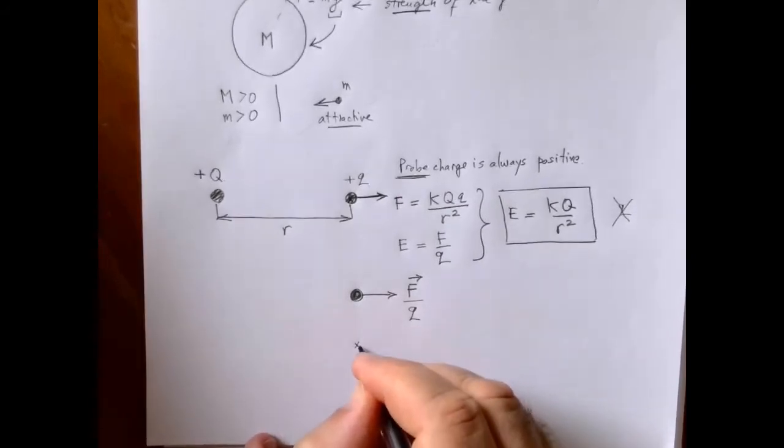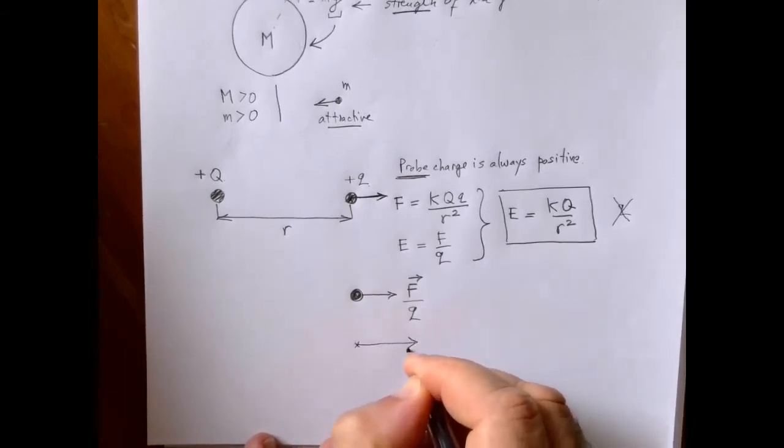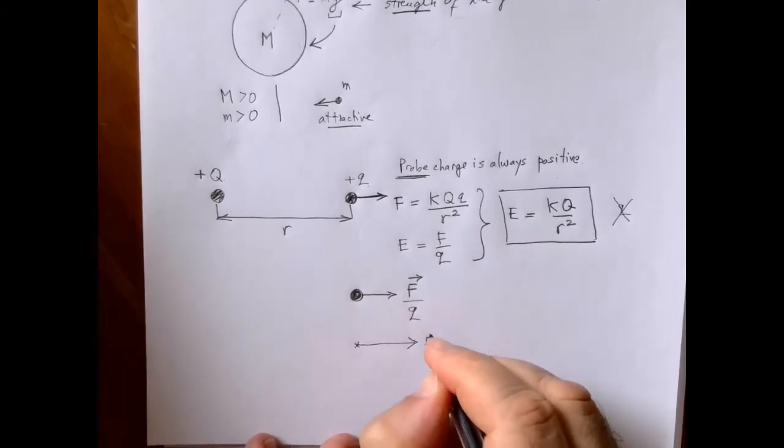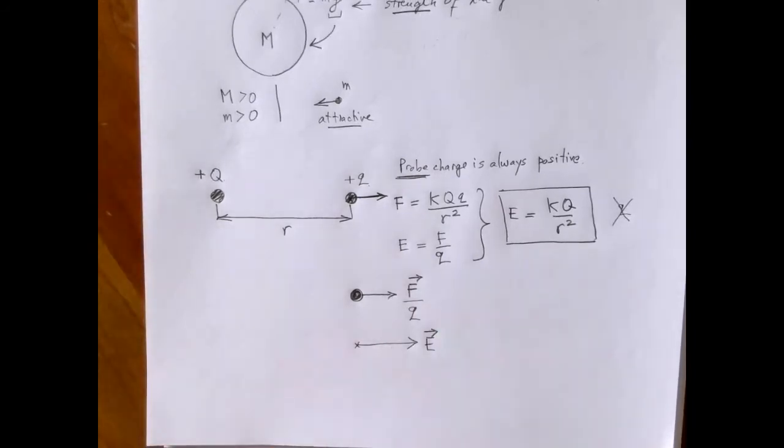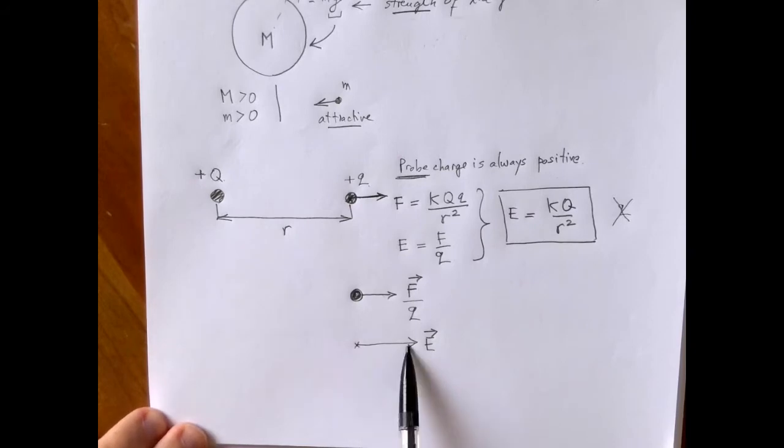So vector E will be a vector in this direction. I'm not comparing these two arrows because they represent different physical quantities. This can be shorter, longer, it doesn't matter. These are apples and oranges. What matters is that this vector has the same direction as this force.